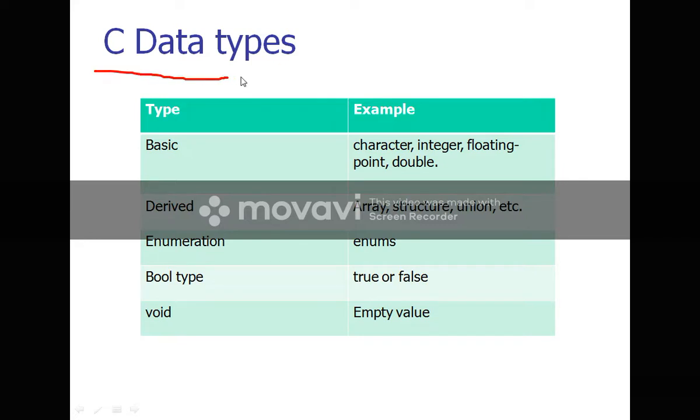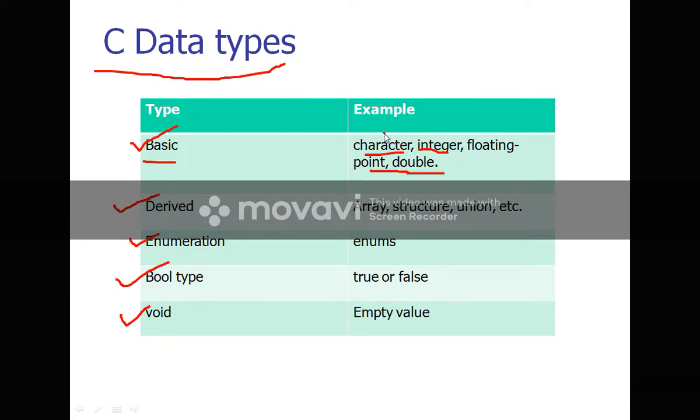This diagram or table shows us the basic data types. There are five data types: basic, derived, enumeration or enumerated, bool type, that is boolean type, and void. In basic there are four data types: character, integer, floating point and double.